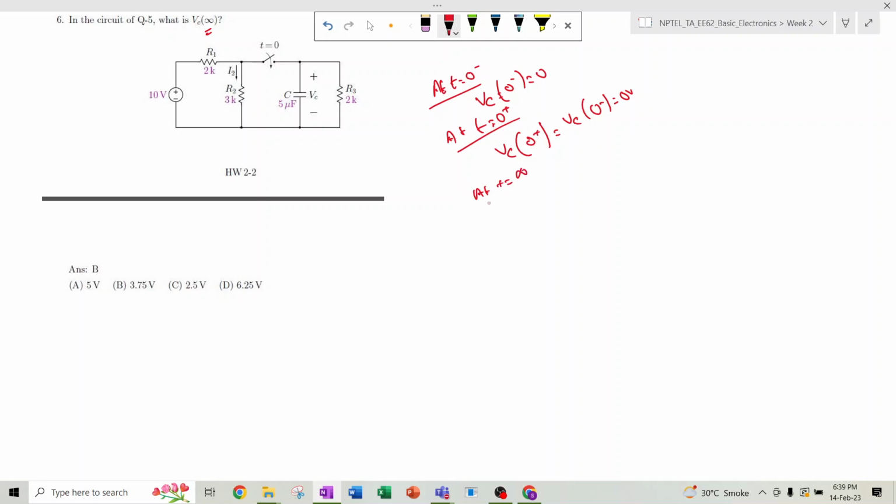Now at t equal to infinity the capacitor will act as an open circuit. So the equivalent circuit becomes 10 volt, 2k, 3k, and this becomes short because at t equal to infinity, after t greater than 0, it is short.